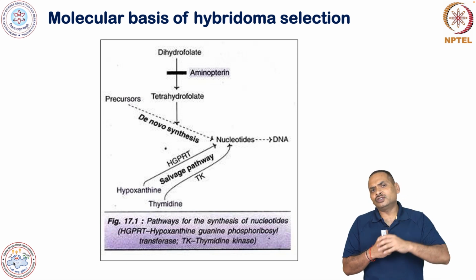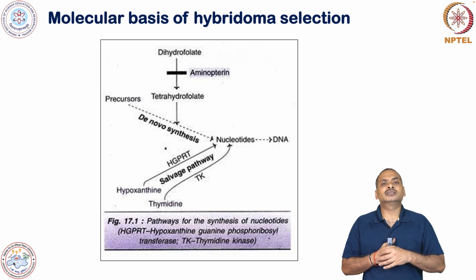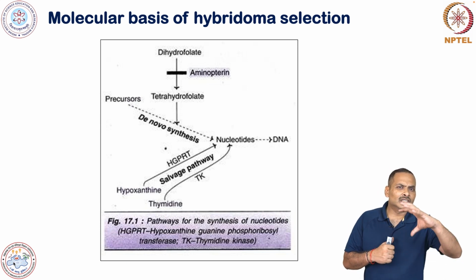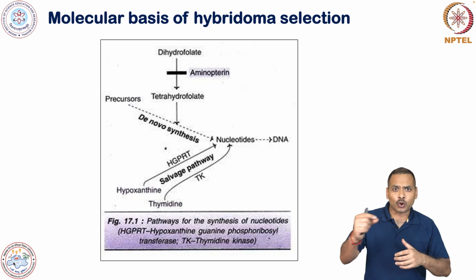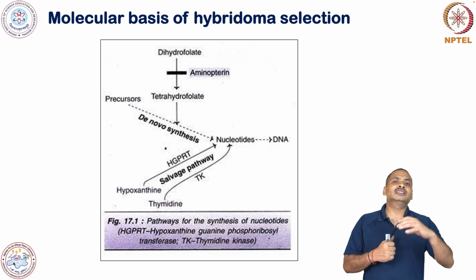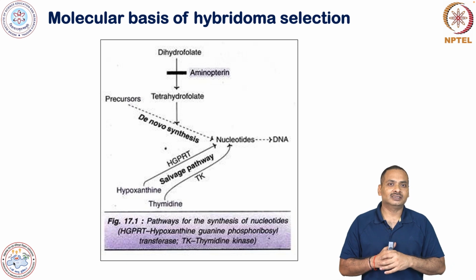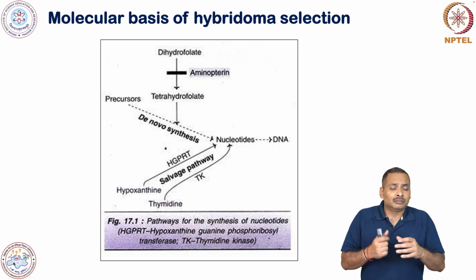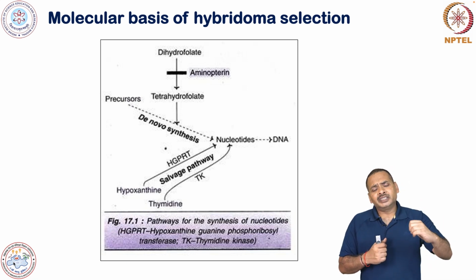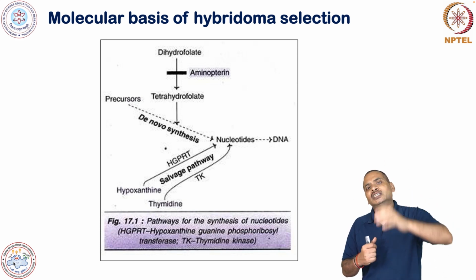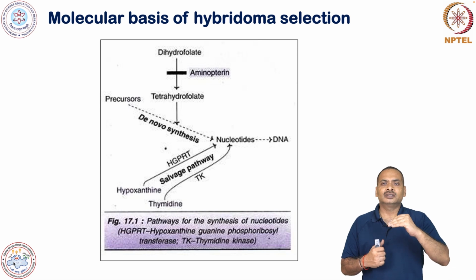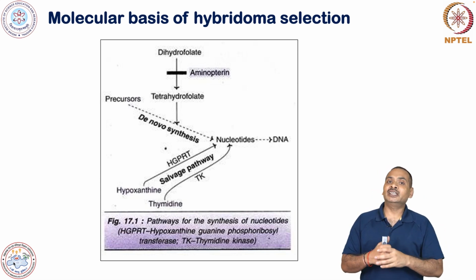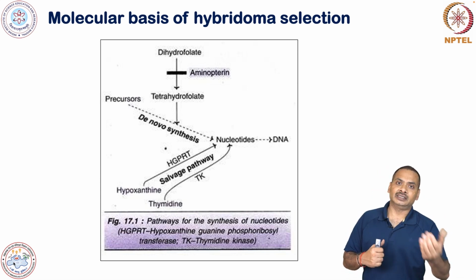So this dihydrofolate reductase is very important in terms of controlling the de novo pathway, okay. If you poison this pathway, then the cell will die, okay, but it will not die immediately. It will switch to the salvage pathway. If the salvage pathway fulfills its need for DNA replication, then it will not die, else it will die, okay.